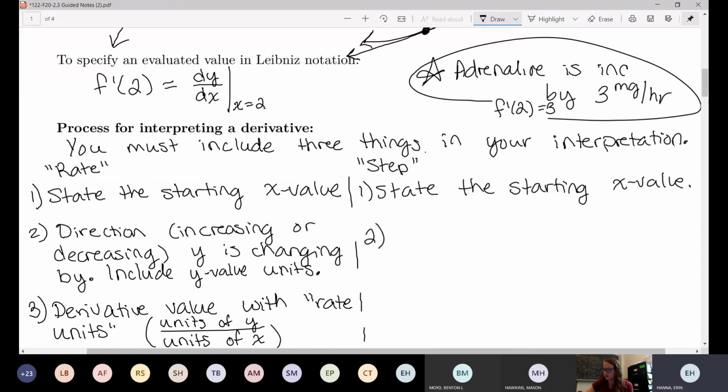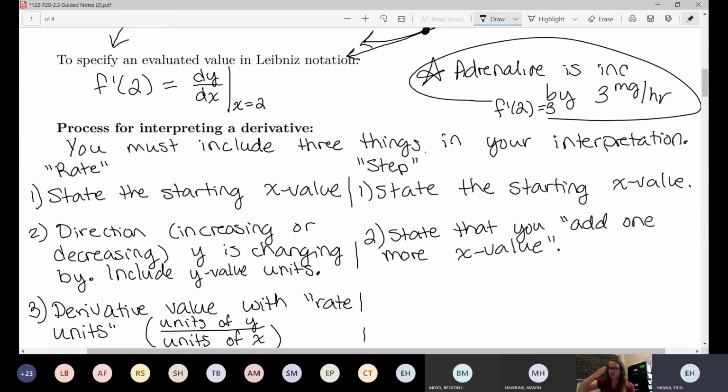But then what you do here is you essentially state that you add one more x value. So we take that step over. So after 2 hours, increasing the time by 1 hour.